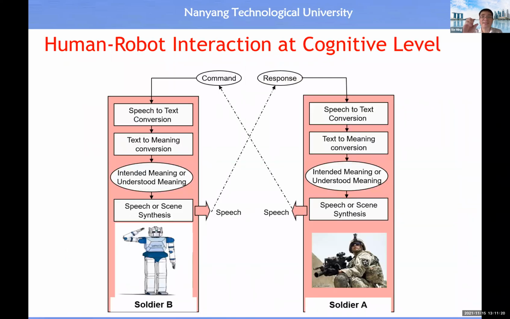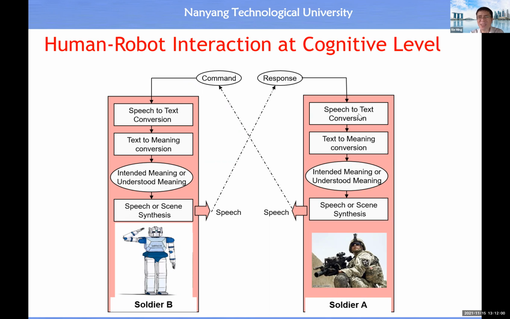This slide shows you why there is still a challenge to achieve human-robot interaction at the cognitive level. For example, if we want to realize this scenario of human-robot interaction with the use of spoken language, at the human side we must invoke these mental capabilities.